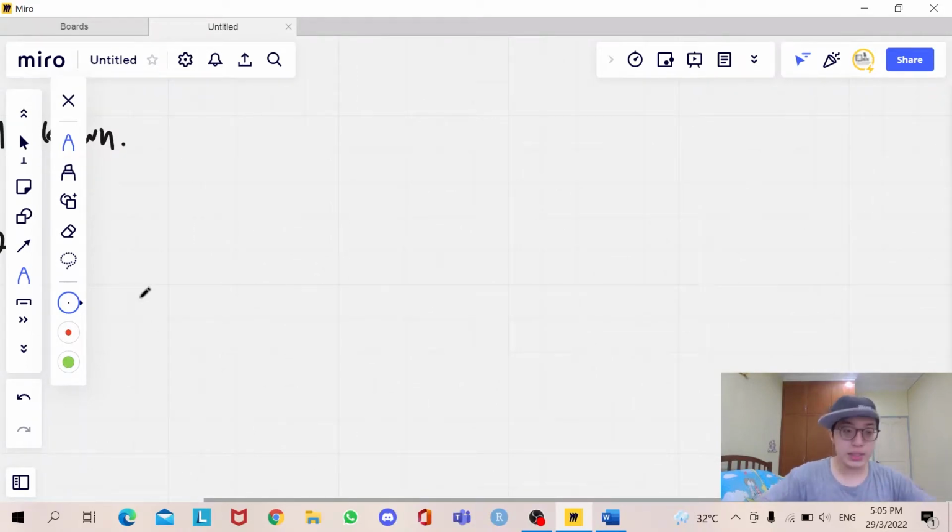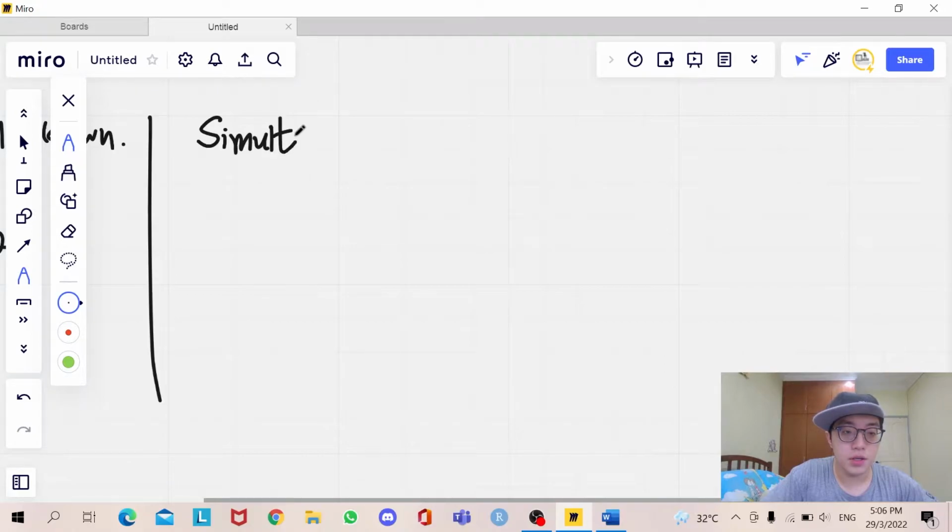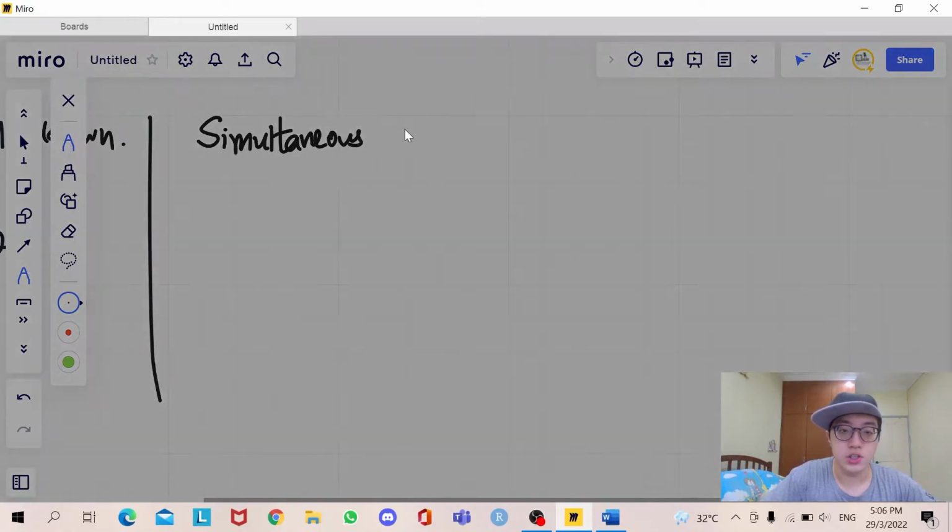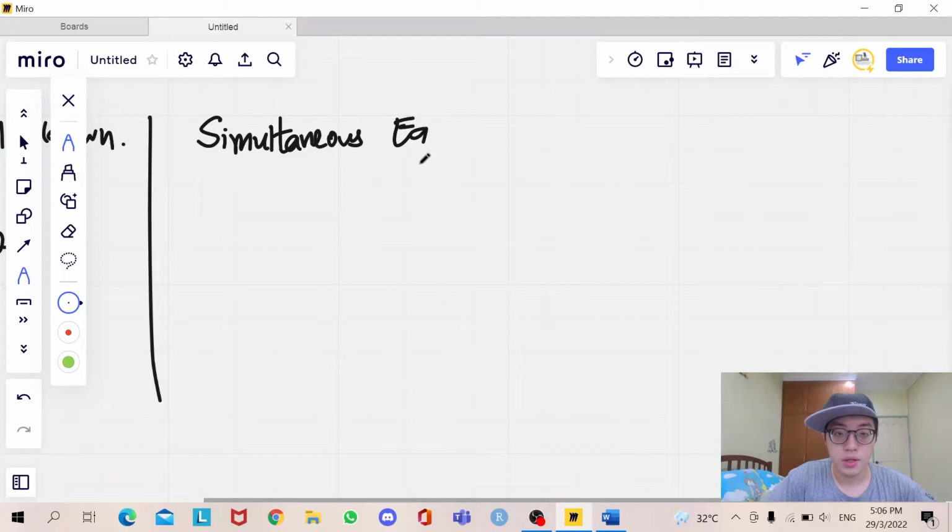So what is a simultaneous equation? Simultaneous equation means that from the given number of equations, you have to solve the unknowns.